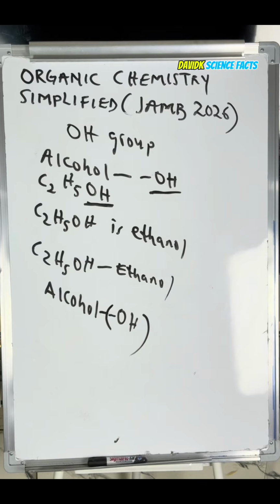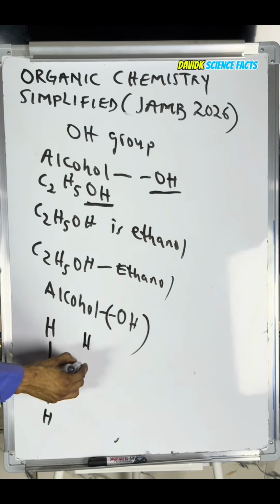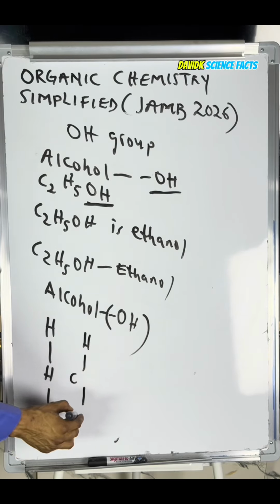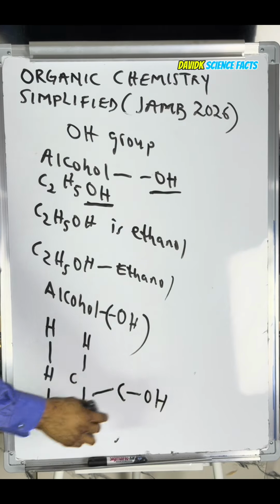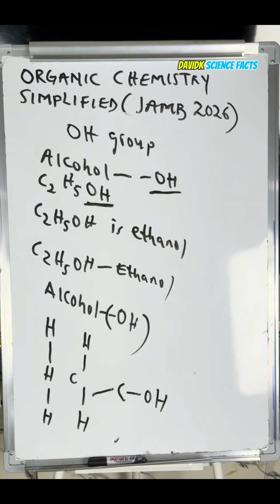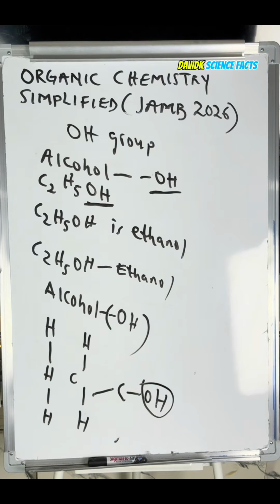The structure for this is, now take note of these key parts. The OH. So any compound with OH is an alcohol. So once you see OH, just think alcohol, no stress.